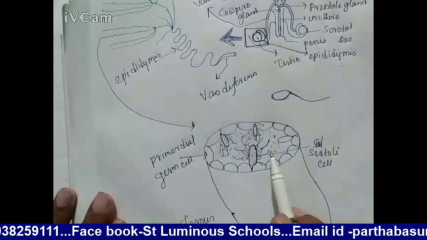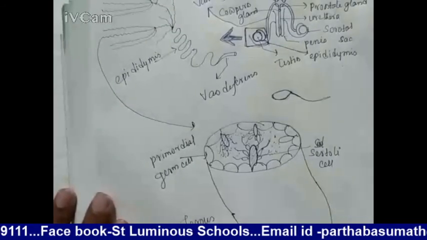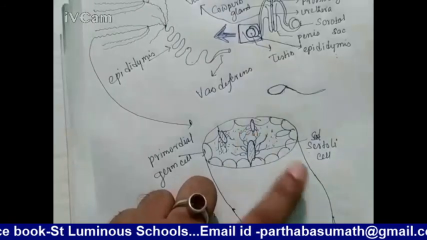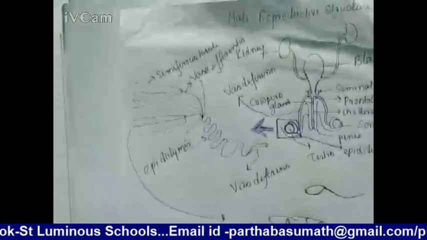The seminiferous tubules are the site for sperm maturation. Sperms mature here, and then from the seminiferous tubules, look at the configuration here.